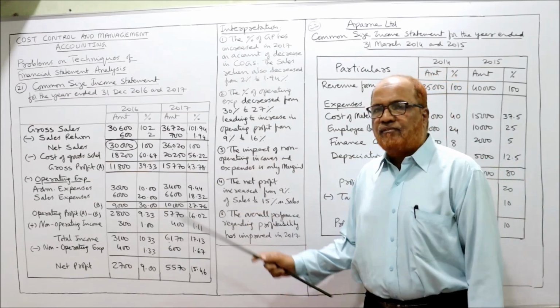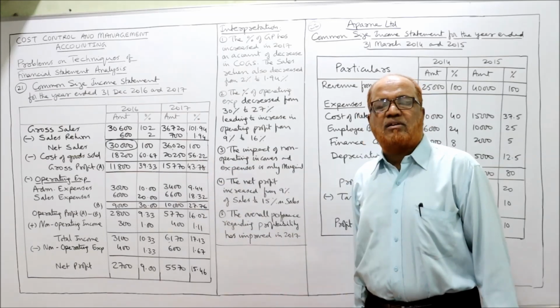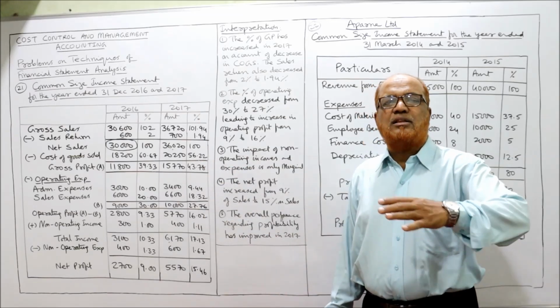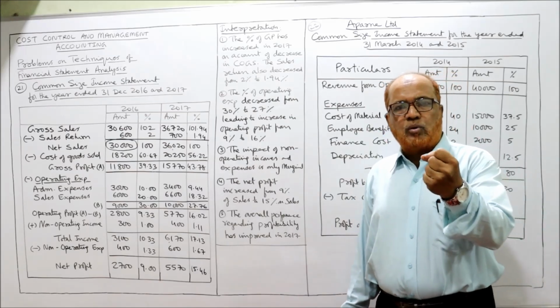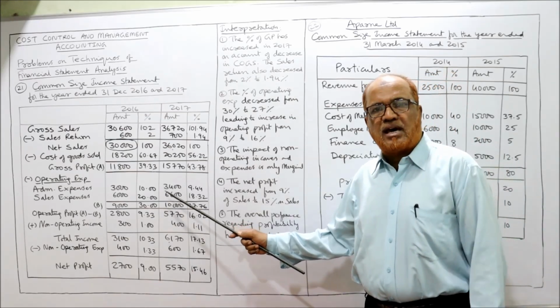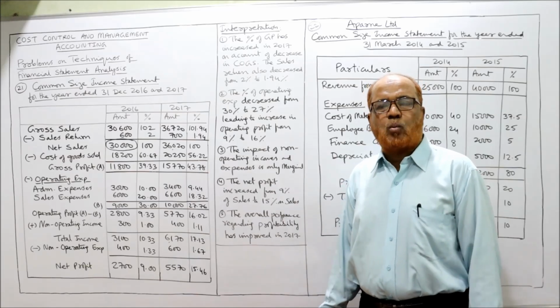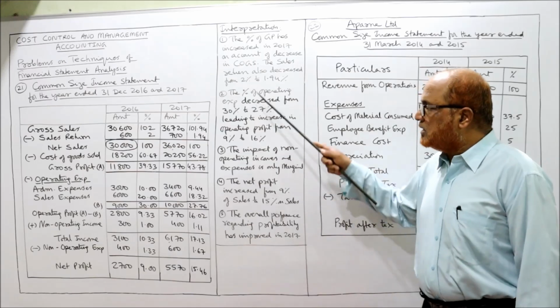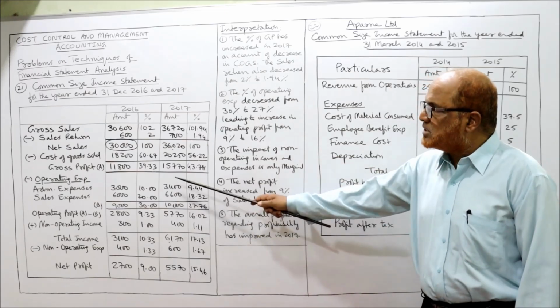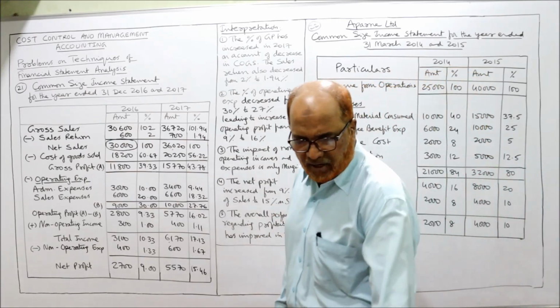So ultimately, if we compare the current year with the last year, we can say during the current year the profitability has improved. The business was able to control the expenses and cost. That is the reason why the profitability has increased. That's all. These are the interpretations for this problem number 21.